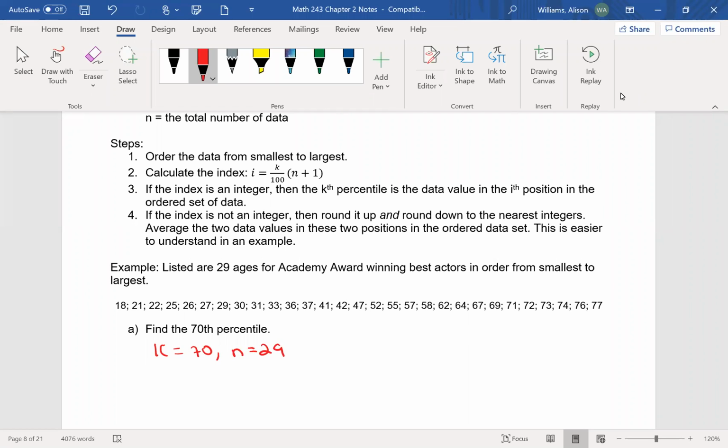And we're going to plug that in to find I. So the formula helps us find I. So I equals 70 divided by 100 times 29 plus 1, which when you plug into your calculator, it's going to give you 21. Exactly 21, no decimal, which is referring to the 21st data value.